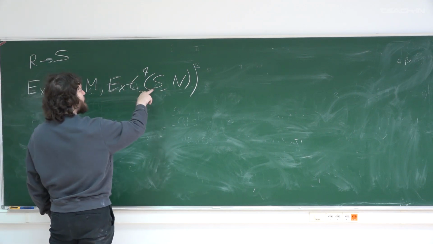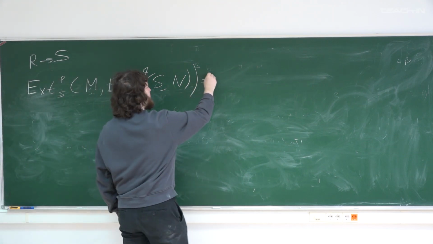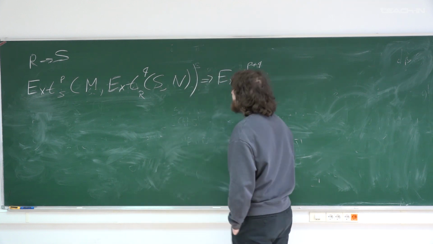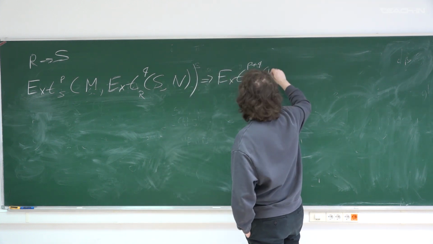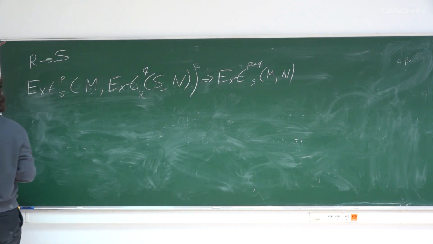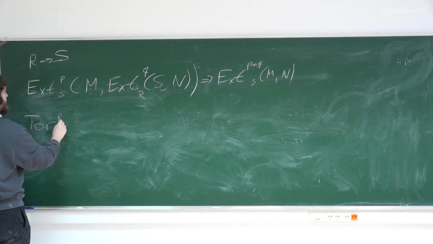This is also an S module from the left multiplication by S. And it converges to P plus Q over S to M from N. And for homology, for Tor, it's the same thing.